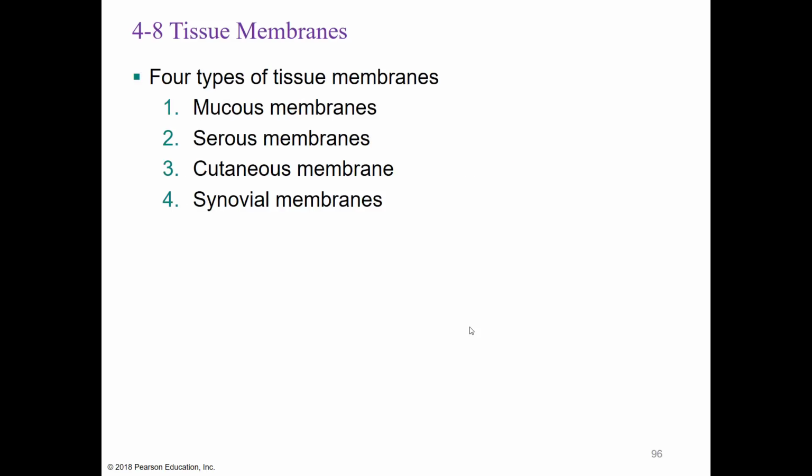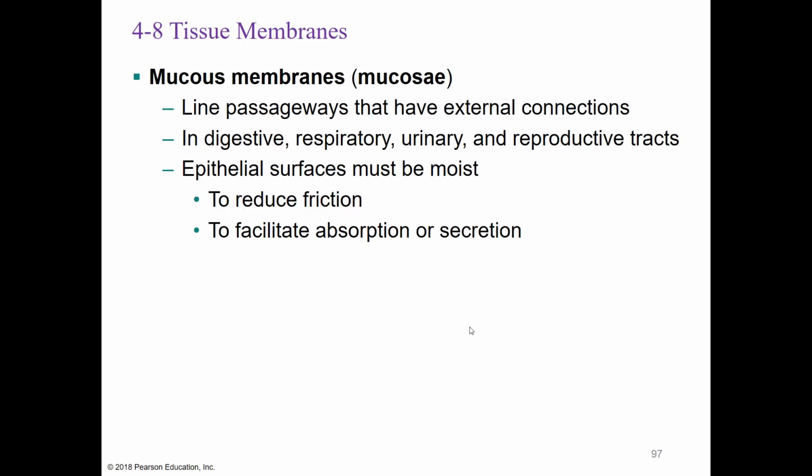There are 4 types of membranes: mucous, serous, cutaneous, and synovial. So we'll start first with mucous membranes. These are going to line passageways that communicate with the outside of your body. So they'll be found in the digestive, respiratory, urinary, and reproductive tracts.